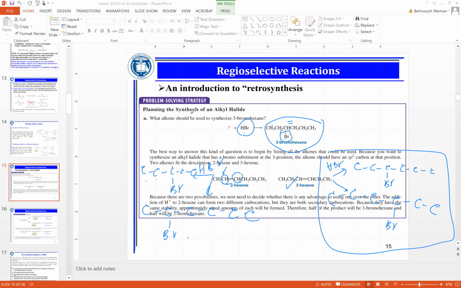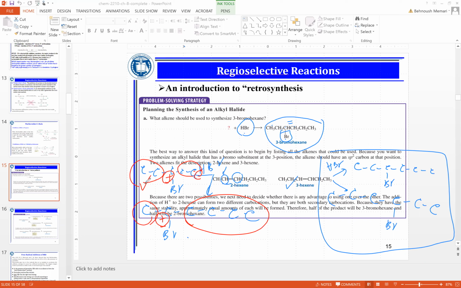Well, in this case, you have an ethyl group and then a propyl group. If carbon 2 is positive, you have a methyl group and then a butyl group. You still have 2 groups. So maybe this would be the better choice.